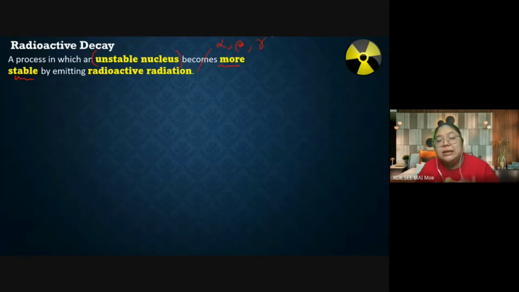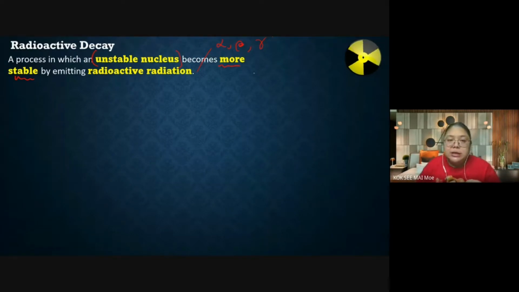So these three things we call radioactive radiation. The whole thing we call radioactive decay, a process to make an unstable nucleus become more stable. When it becomes more stable, it will emit some radioactive radiation, either alpha, beta, gamma, or a mix together also can.